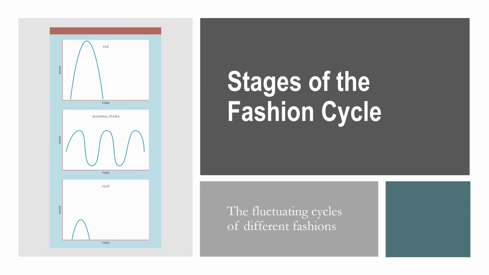But the other stage is how things fluctuate across time. And your discussion board this week, you're going to be looking at silhouette and this graph for fashion cycle and how things fluctuate across time. And again, if we look at these graphs, some of these fashions have long and short runs.